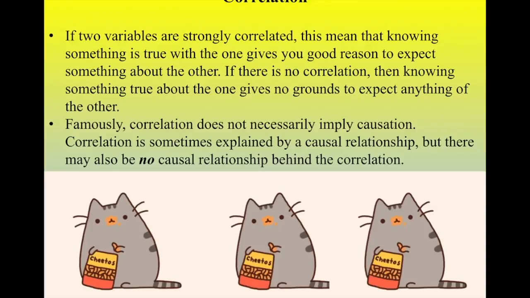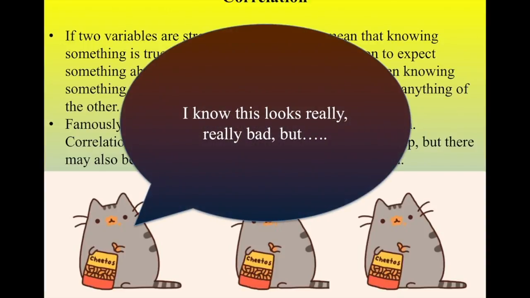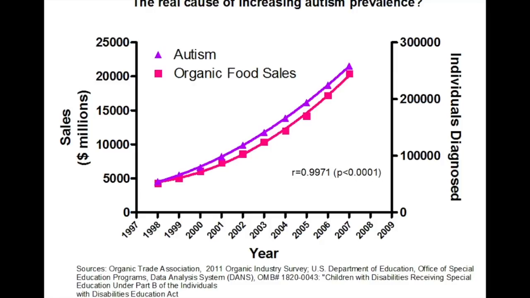Does this mean, though, necessarily that the kitties are actually guilty of having eaten the Cheetos? Could they, in fact, be innocent? Is that a possibility? Well, perhaps. Probably not in this particular case.